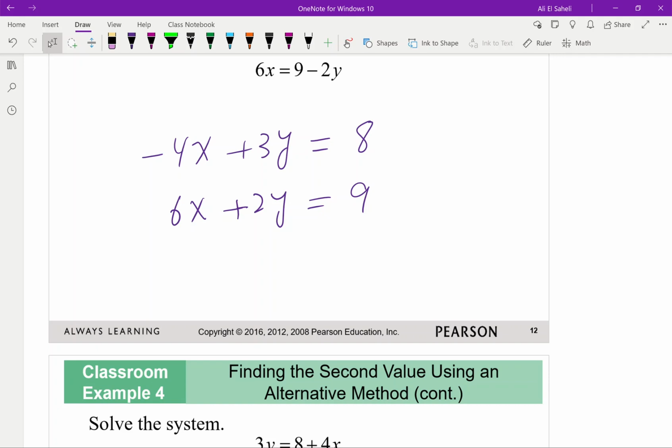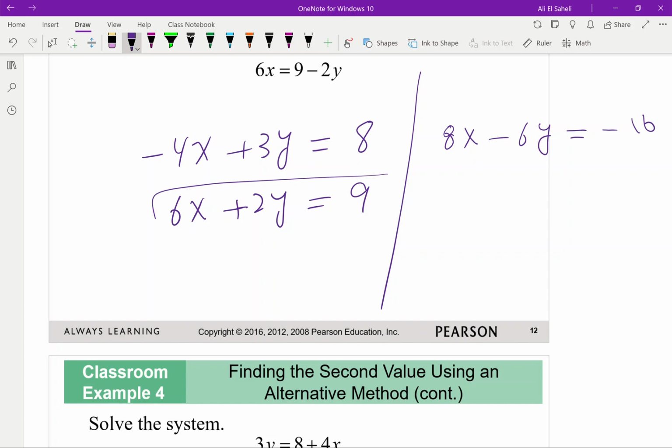So let me now eliminate y. Okay. So I multiply this equation by minus 2 because this is 2. So equation 1 multiplied by minus 2. So that's 8x minus 6y equals minus 16.